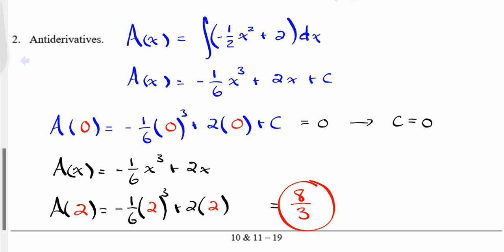And we get a c value over here of 0. So there's my area function. I want to know the area up to 2, so replace all the x's with 2's. And again, I get 8/3. Good. All right. On to the next page.